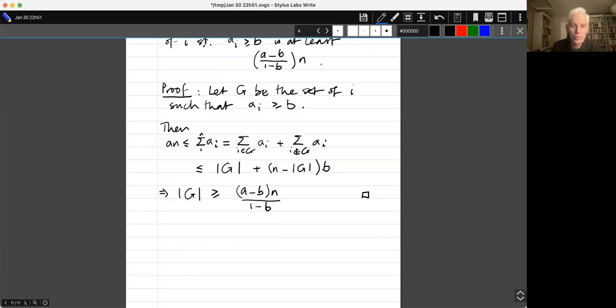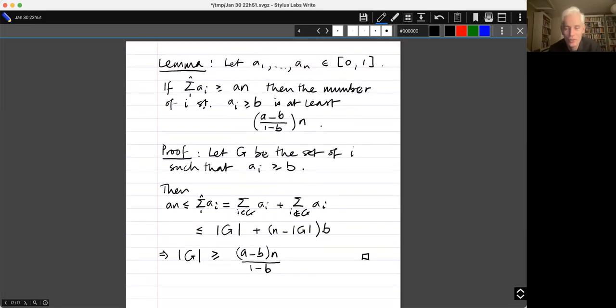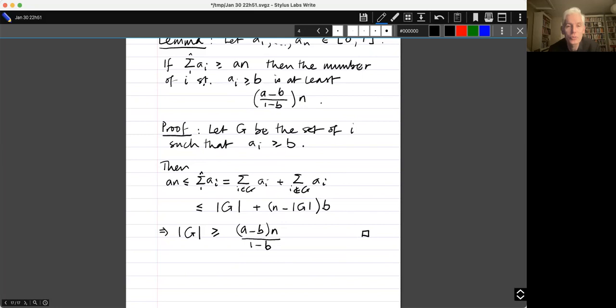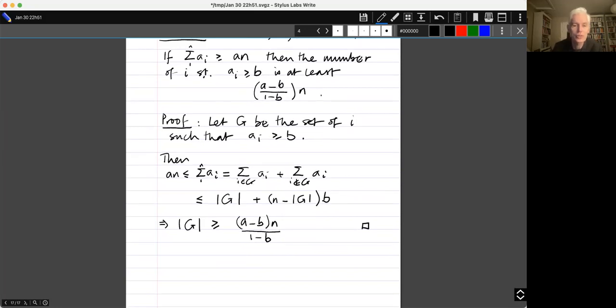Now there are a couple of regimes where we use this lemma, and I could have proved them separately. In some ways it would be more natural to prove the two things separately, but since they had essentially the same proof, I thought I might as well unify them. So we're going to use them in the following two cases.